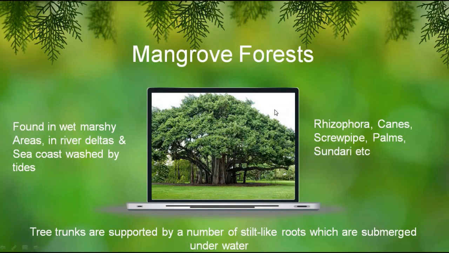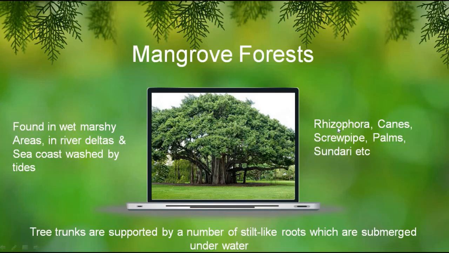Next, we have to discuss mangrove forest. Mangrove forests are found in wet, marshy areas, in river deltas, and sea coasts washed by tides. The marshy land, slushy land, watery land, is where it is found.